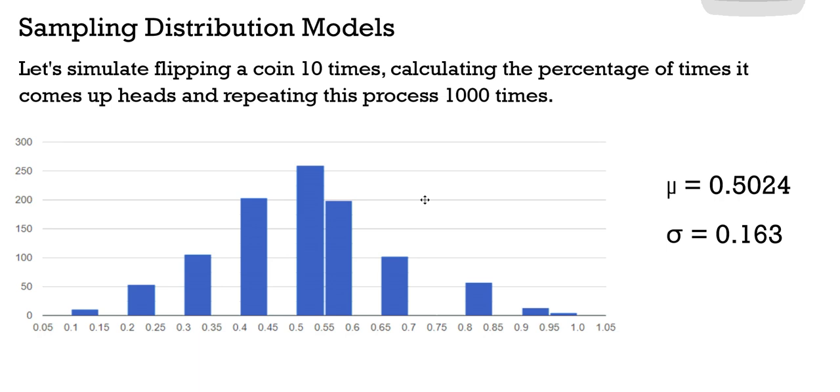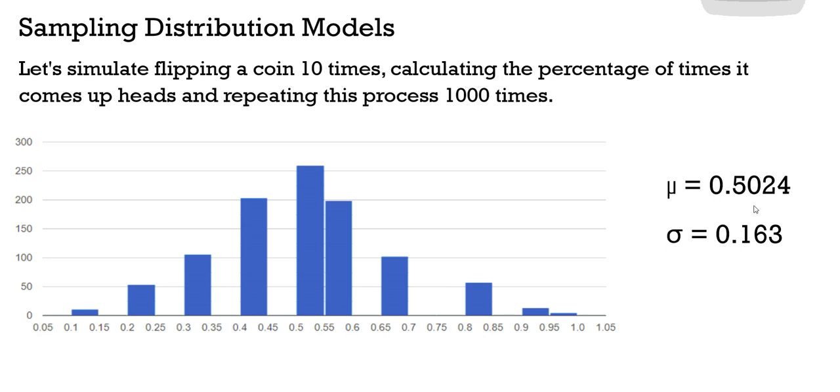Now, as you'll see, we have percentages that obviously we're only going to get either 0 or 10% or 20% or 30% because we're only flipping it 10 times, and that's all we can get. So this is the result of 1,000 samples of 10 and what their percentages of heads are.